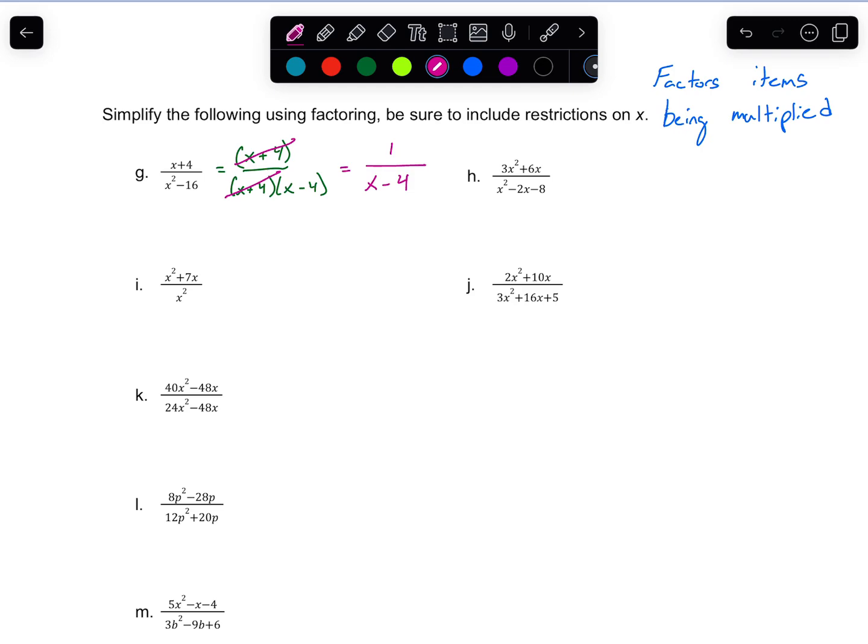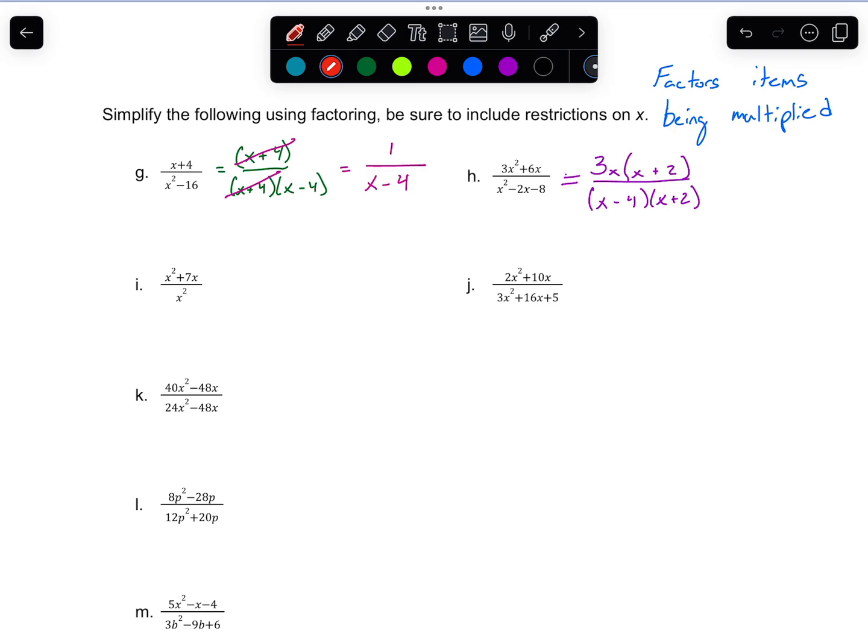So as we look at H, looking at my numerator, I have a greatest common factor. I can divide both of these terms by 3x. So I'm going to factor out that 3x from both terms to make it x plus 2. And then looking in my denominator, I've got x squared minus 2x minus 8. So because I have a quadratic, I can factor that to be x minus 4 times x plus 2.